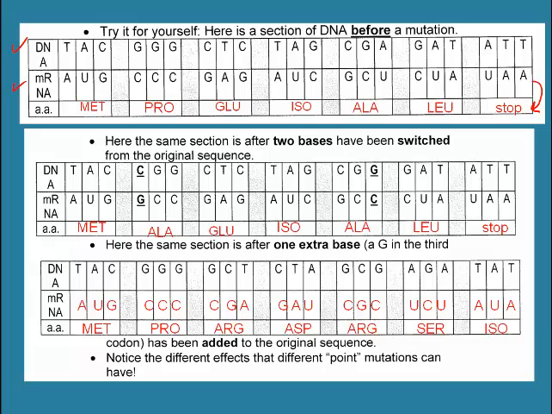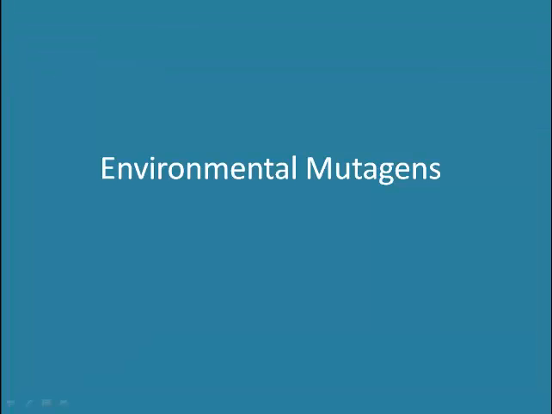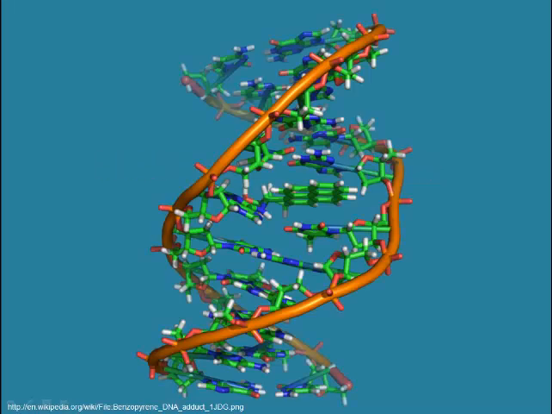Now, what causes these changes to chromosomes and genes? Well, DNA changes are caused by environmental mutagens, and there are two types of mutagens. They can be chemicals or they can be radiation. Chemical mutagens include some food additives, hallucinogens, pesticides, and many of the chemicals found in tobacco.